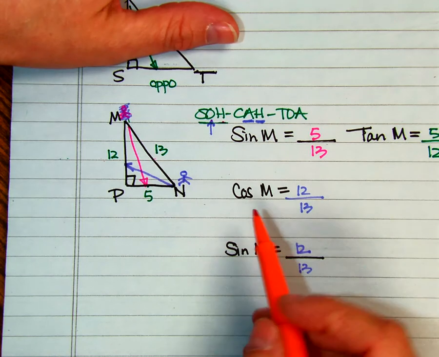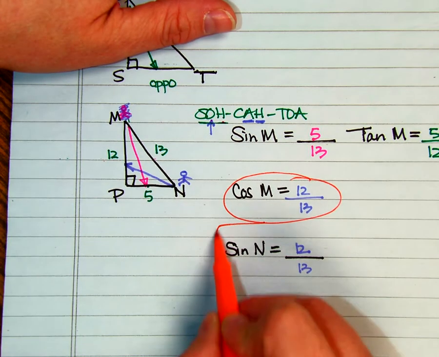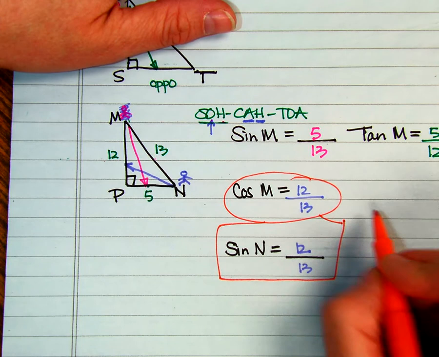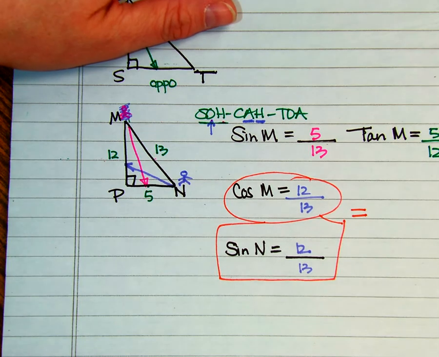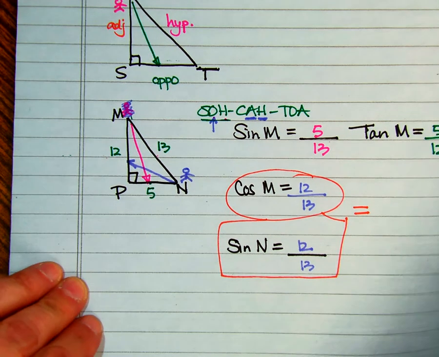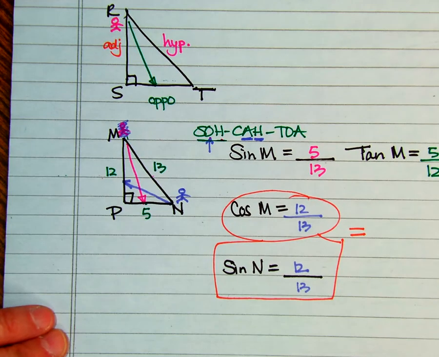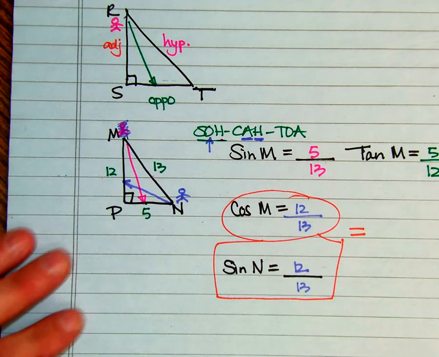So you'll notice that the cosine of one angle and the sine of the other one equal each other. That should be a good start to Sohcahtoa and just understanding the basics of opposite, adjacent, and hypotenuse.